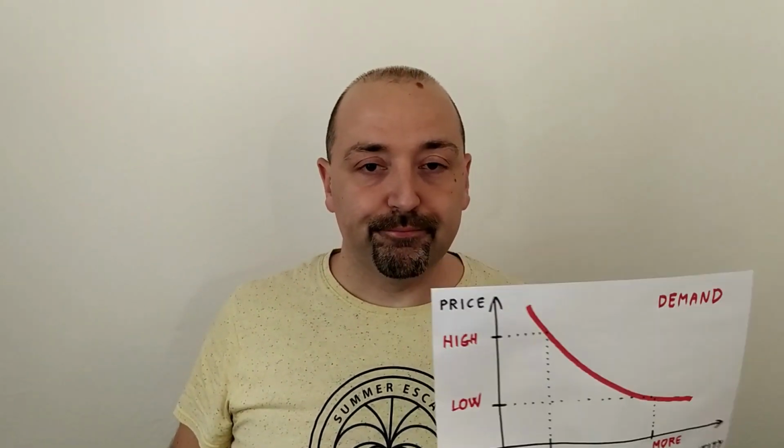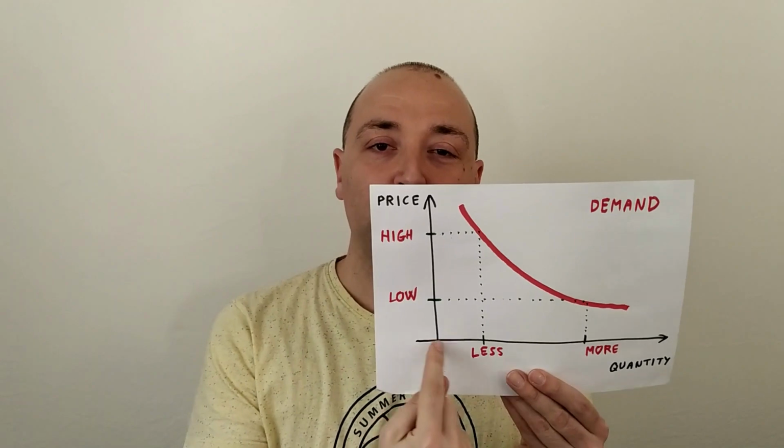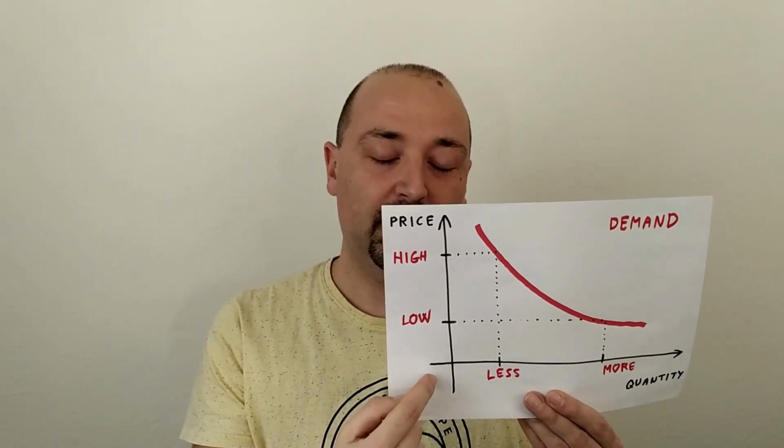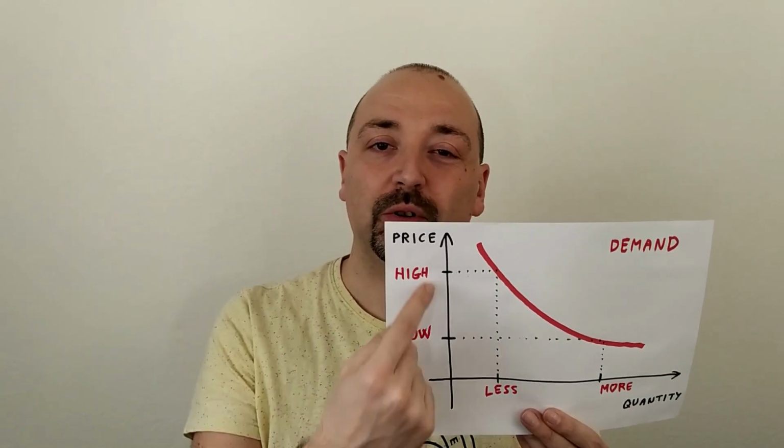So, first of all, people in economy don't understand basic math. Let me complain for 2 seconds. Normally, when you make any diagram like this, here you put the independent variable, and here the dependent variable. Here you put the cause, and here you put the effect.